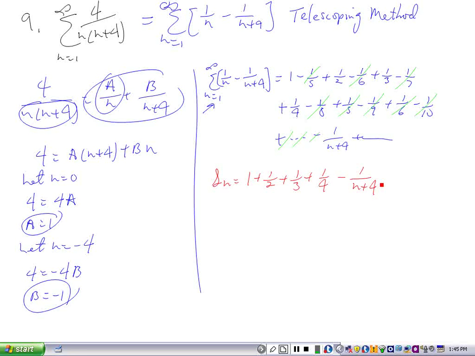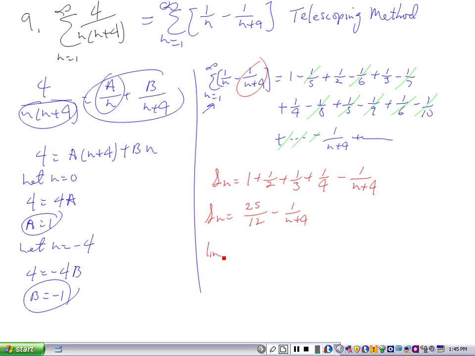The minus 1 over n plus 4 would help us get those last terms way out yonder. So now let's simplify this. This s of n, adding these terms up, you get 25 over 12 minus 1 over n plus 4.